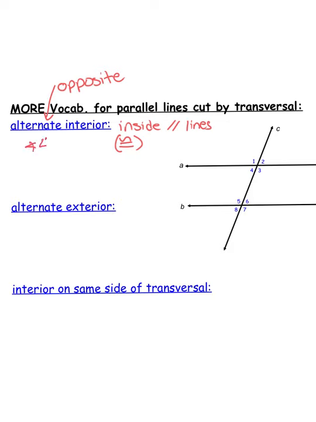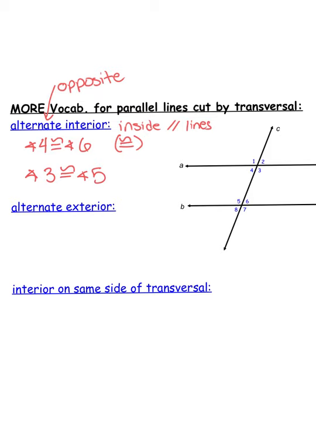So angle 4 is congruent to angle 6 because they're inside the parallel lines and they're on opposite sides of the transversal. We can also say that angle 3 is congruent to angle 5 because they are on opposite sides of the transversal inside the parallel lines.